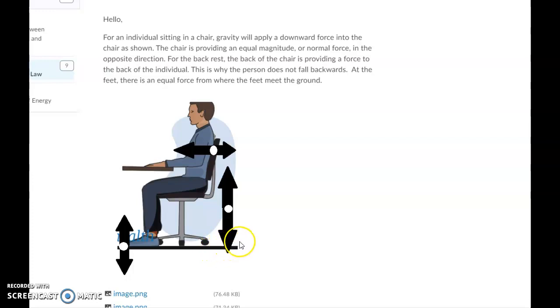Now, you mentioned something about where the person in the chair wouldn't fall backward because of this. One of the things we're counting on is the material strength and the structural strength of that.